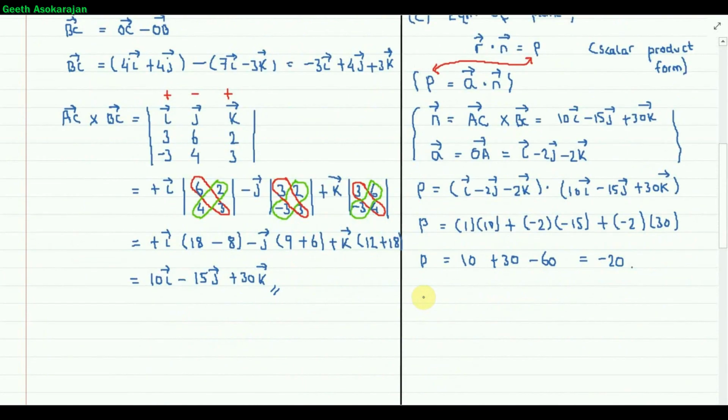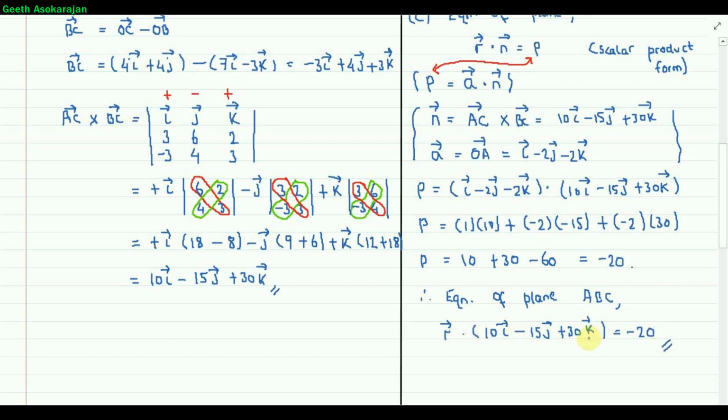Therefore the equation of the plane ABC is R dot N, the normal vector, which we had as 10i minus 15j plus 30k, so R dot 10i minus 15j plus 30k, and that is equal to P, and the solution for P is minus 20 from a prior calculation.